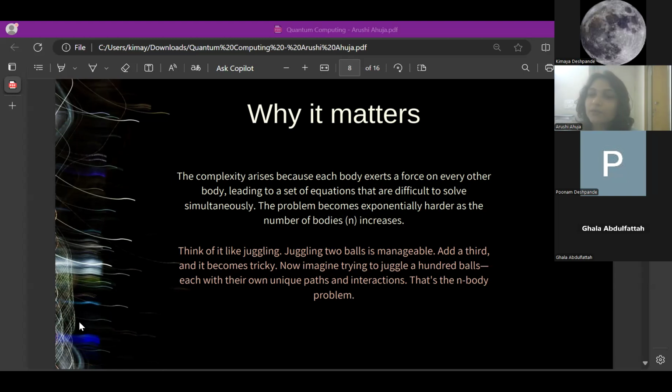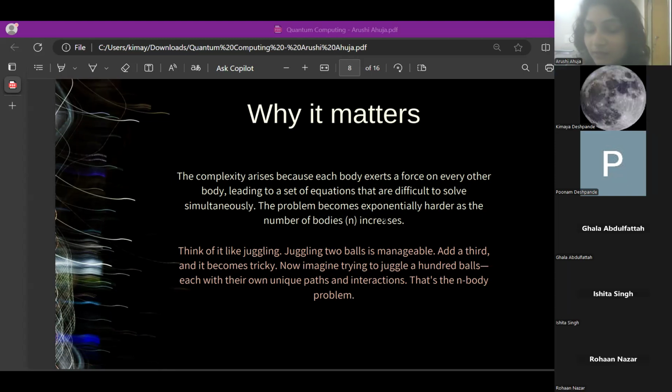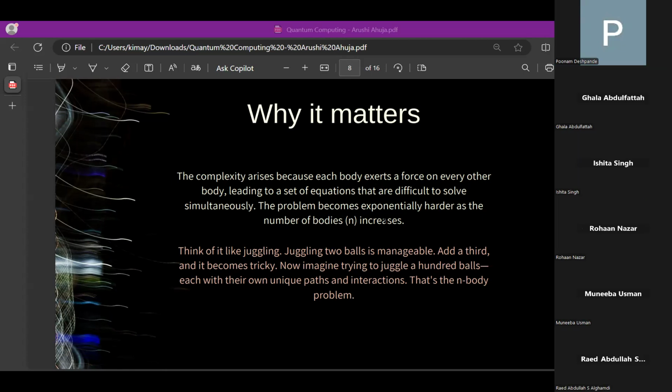Now calculating 25 equations all at once and also keeping in mind the amount of time you take is very difficult. Hence, now I'm going to read off the slide. The complexity arises because each body exerts a force on every other body. And this increases the total number of equations by a lot, basically exponentially.